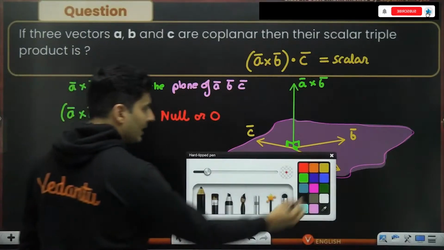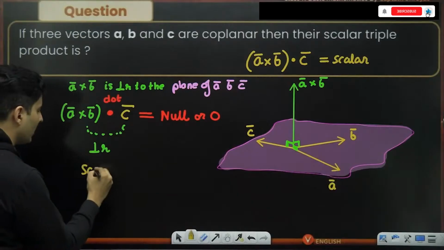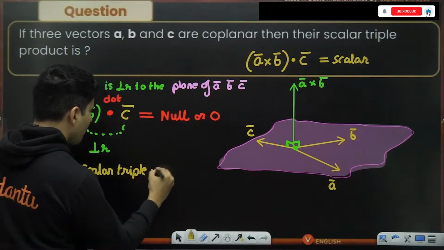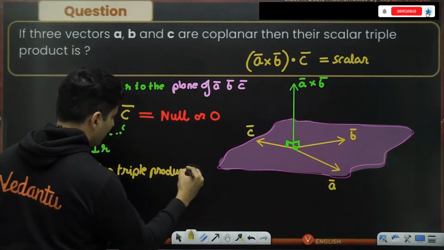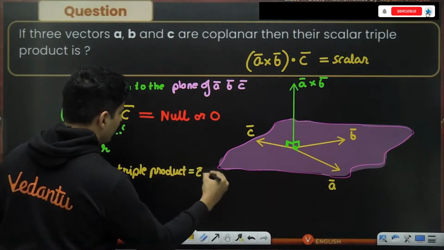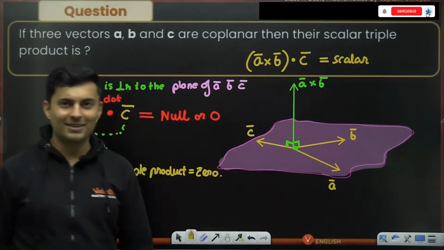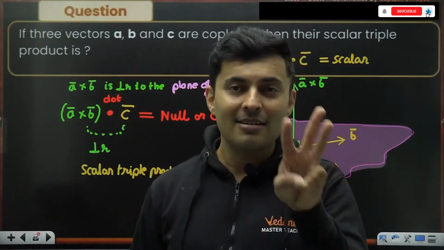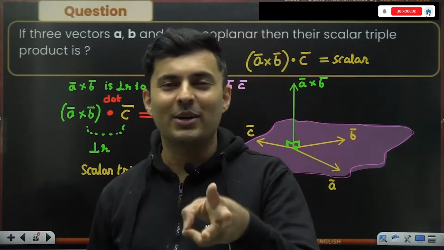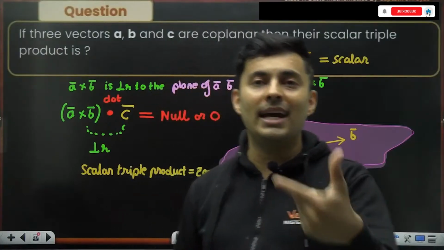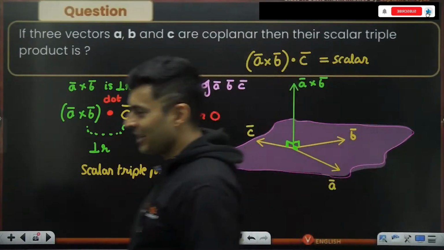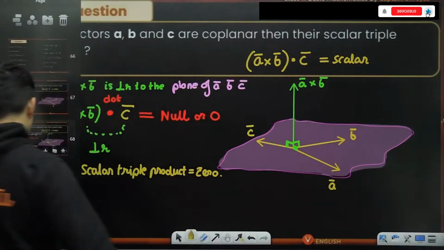That means their scalar triple product will be 0. That is the answer. So whenever three vectors are coplanar, you will see their scalar triple product is 0. That is also a coplanarity test. Very interesting.